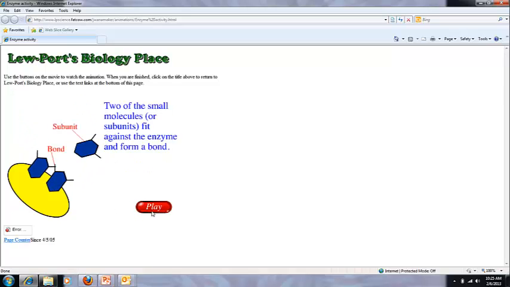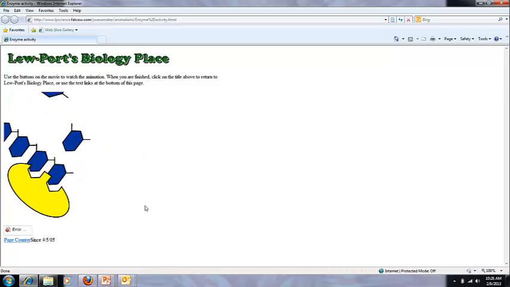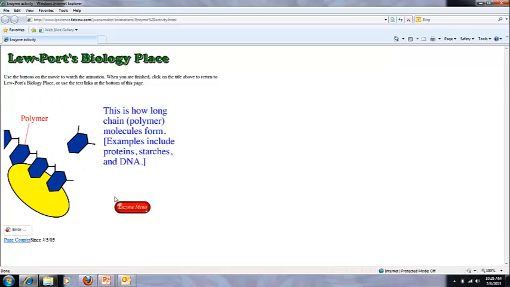All right, so we've got these molecules, and there's a bond, and here's an extra subunit. It does not fit into the two active sites, but we can solve that problem. So basically, the enzyme is forming a chain and being reused over and over, and in the end becomes a polymer. So if we started out and these were amino acids, then they were joined together to make a polymer, which would be protein.